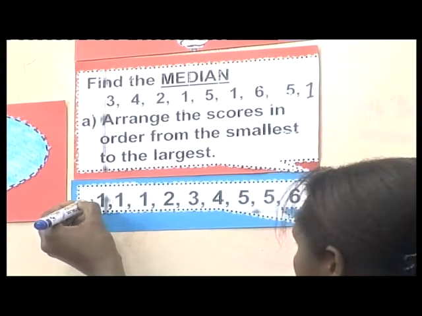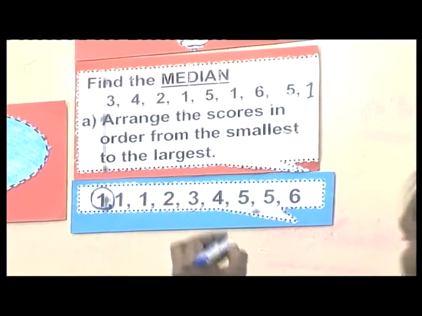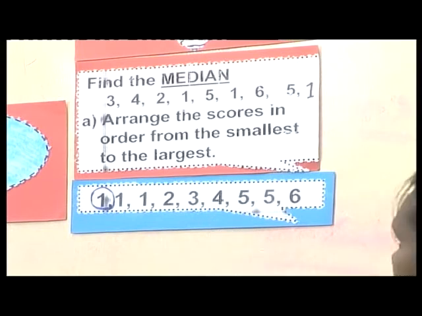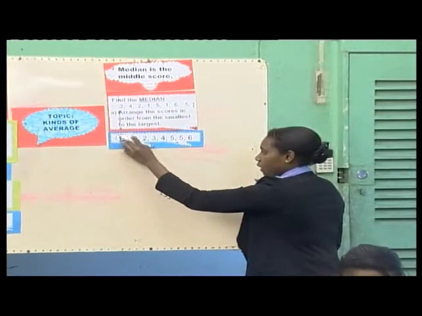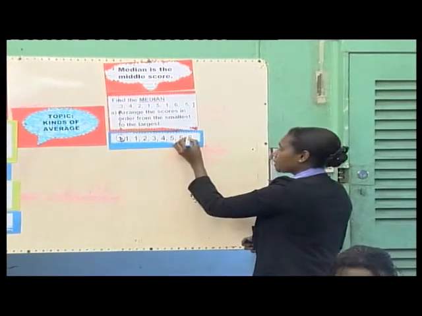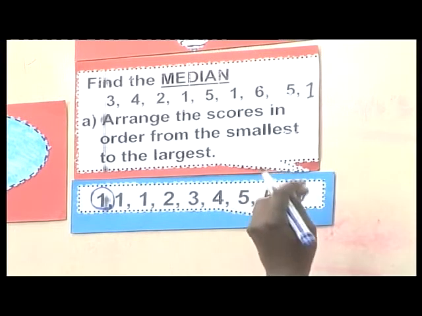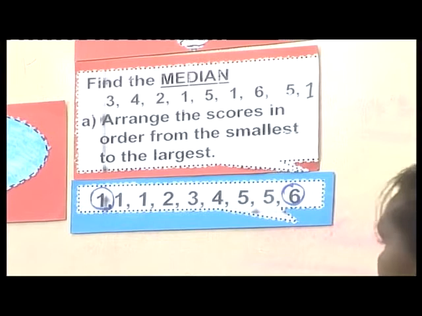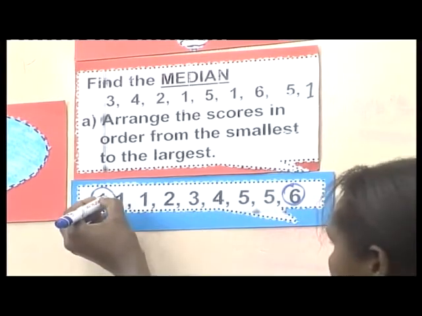So class and receiving students, this can be a method that you can use to help find out the median of certain scores. Okay, I have circled one here, and I will circle another one here. So every time you circle one, just to find which one would be the middle number. So 1 is out, 6 is out.